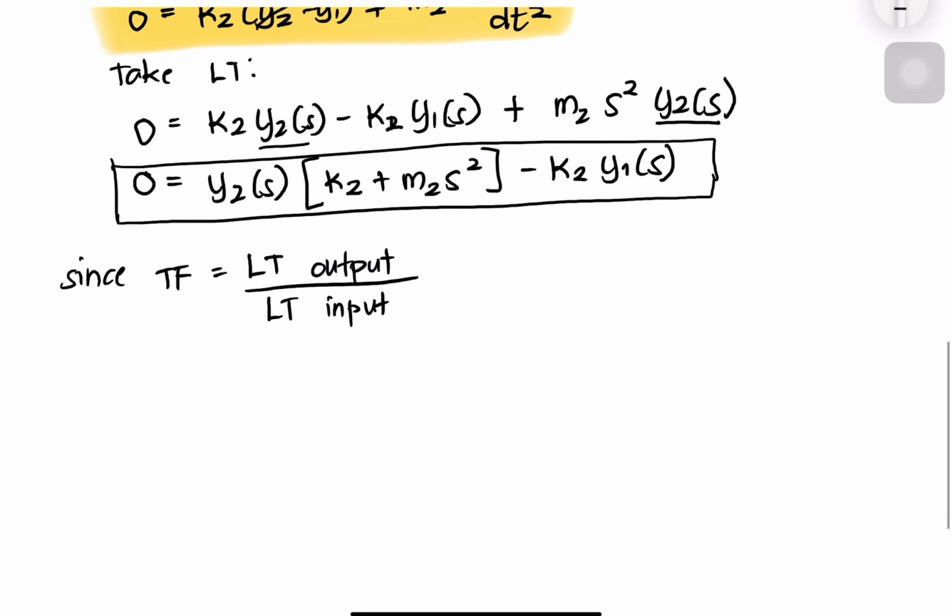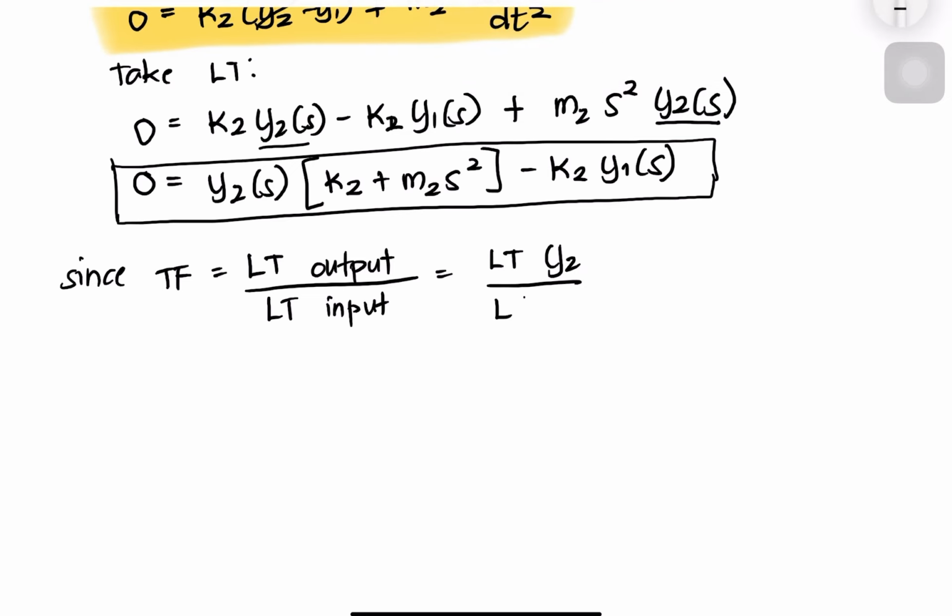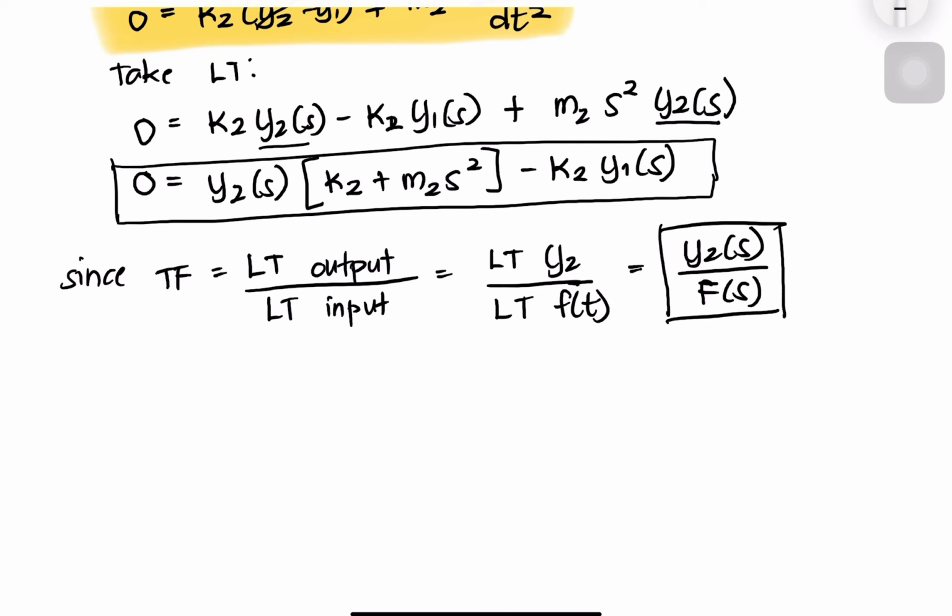So, it will be the Laplace transform of Y2 and Laplace transform of F of T. So, ano ba yung Laplace transform of Y2? That's Y2 of S over F of S. So, we need this. We need to get Y2 of S and F of S to get the transfer function.